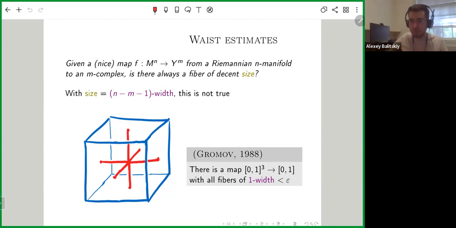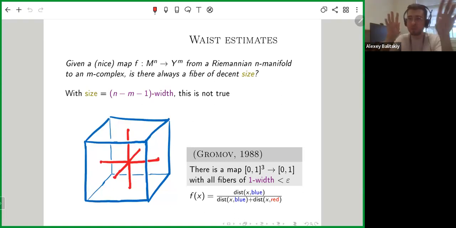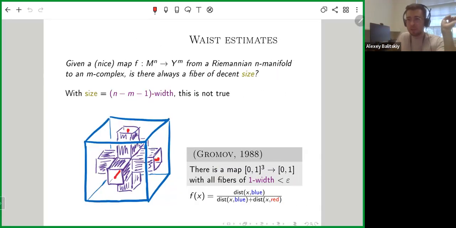Once I have the blue skeleton and the red skeleton, I can define a continuous function f of x on the entire three-dimensional space, which equals 0 on one skeleton, equals 1 on the other one, and interpolates continuously between them. I wrote the definition of this function, and then I can draw a generic fiber of this function.